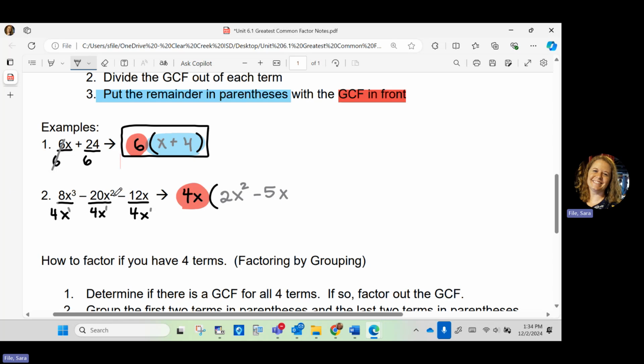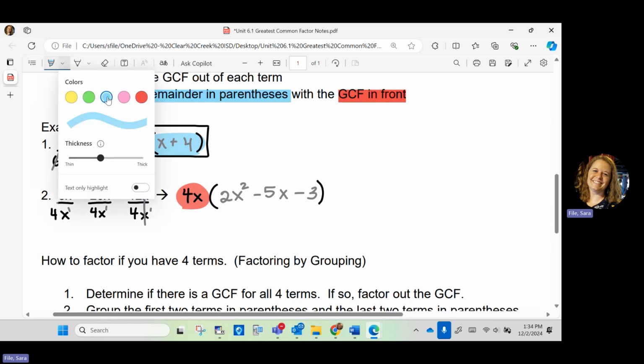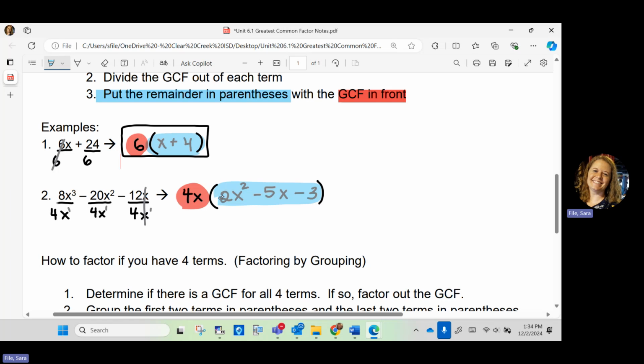And then you've got another minus. And then what's 12 divided by 4? 3. And then what's the x divided by x? Anything divided by itself? Yeah, that reduces. It's a 1. And we already have a 3 there. 3 times 1 is still just 3. So that's not going to change. So that's my remainder, my leftovers, after I take out my GCF.